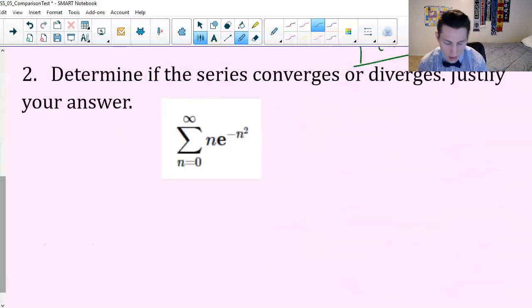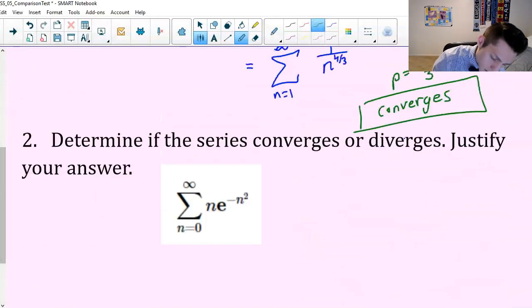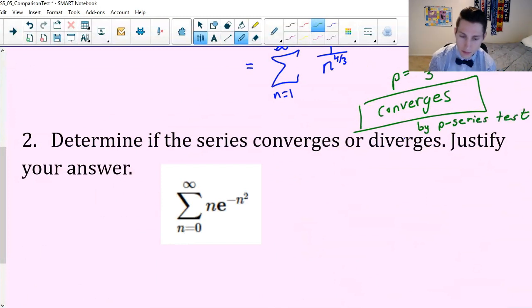Number 2, same thing. Determine if it converges or diverges. Justify your answer. So I guess, yeah, up here, since it said justify, it converges by the P series test. So we have to give a reason, say how we know, why we know.